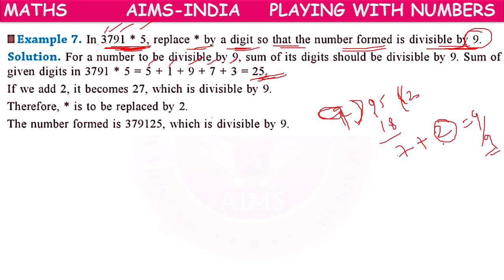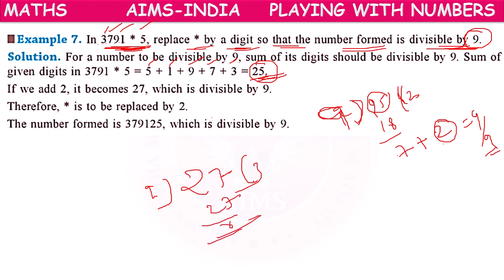So for this 25 we have to add 2 and make it 27. Then 9 threes are 27, remainder 0. If we add 2, it becomes 27, divisible by 9. So in the place of the asterisk, there should be 2. Then this number is divisible by 9. Like that we can find the missing number.